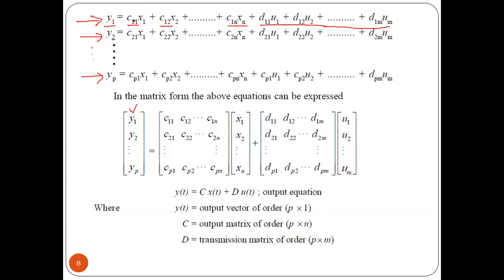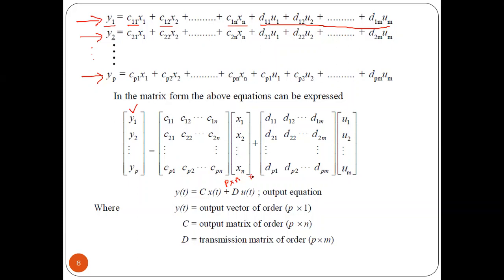The remaining coefficients change in each equation as well as for each state variable. Therefore, this is represented as a matrix C11, C12, and so on, C1n, and C21, C22, and so on, C2n, and so on. This is a matrix of size P rows and n columns.